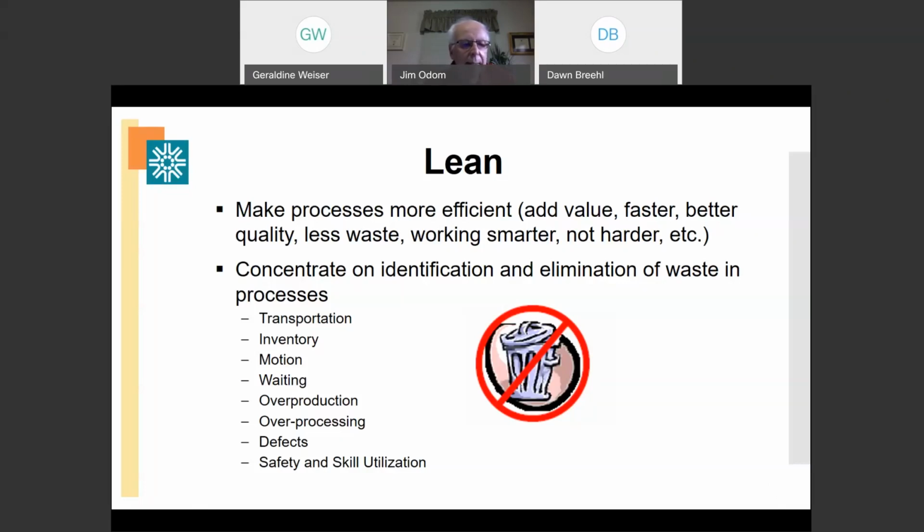So that's inventory. The next one we look at and focus on is motion. Motion differs from transportation because motion is motion of people. It's people looking for things that they need in order to do their job. It's that person running back and forth to get what they need from their workbench.